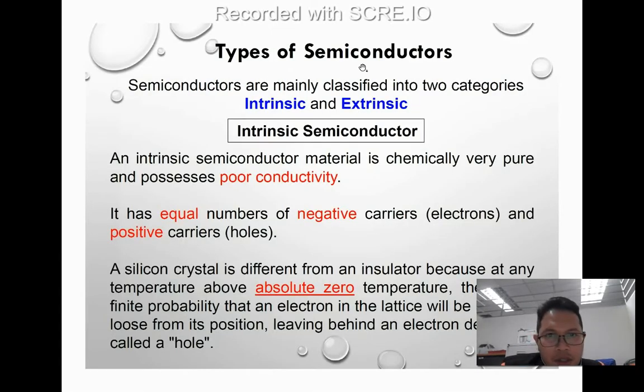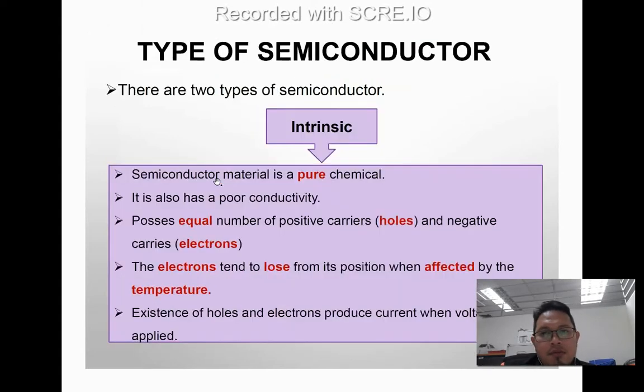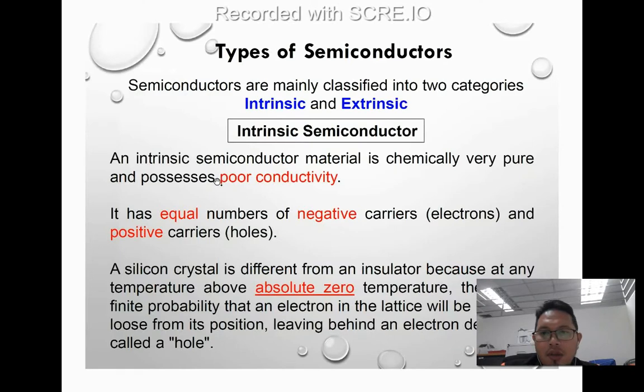So semiconductors are classified into 2 main categories. We have intrinsic and extrinsic. Intrinsic refers to the very pure, chemically pure semiconductor material, and it possesses poor conductivity, because it has an equal number of negative carriers and positive carriers.